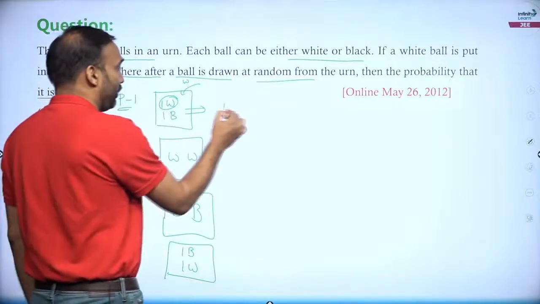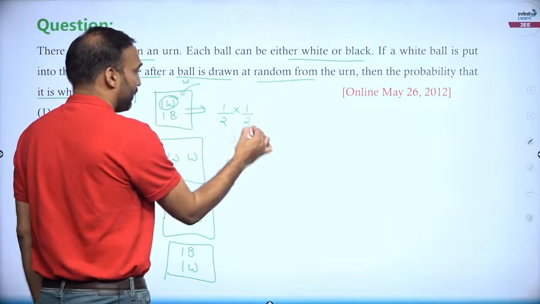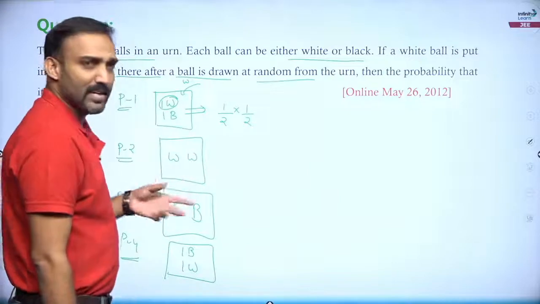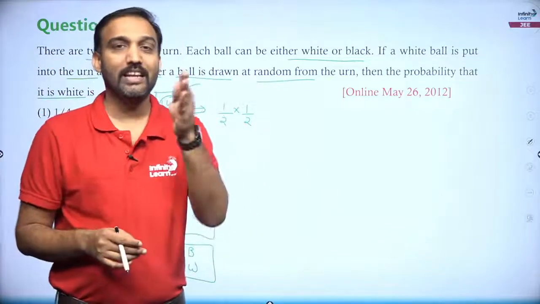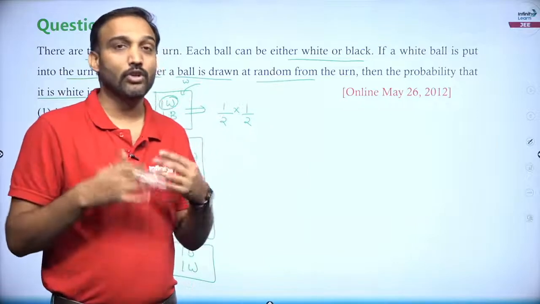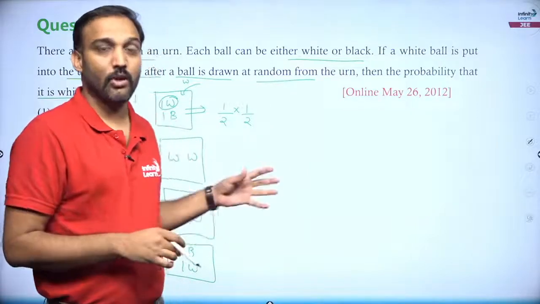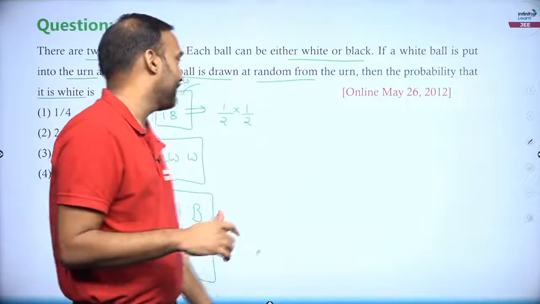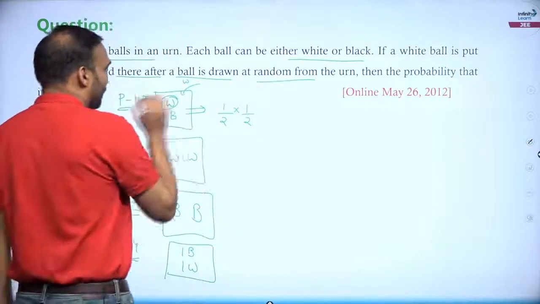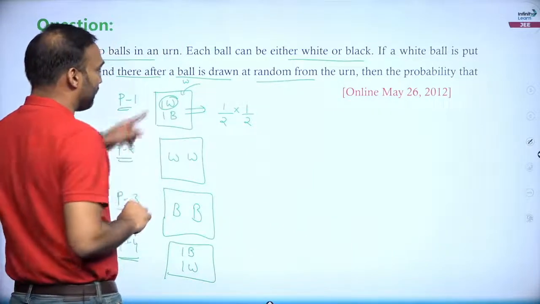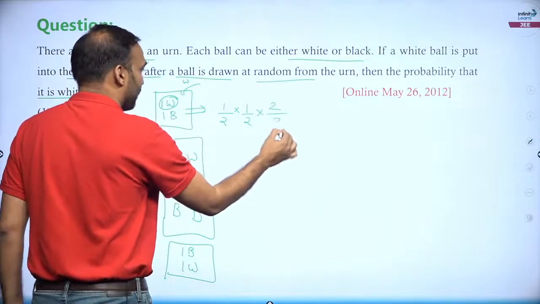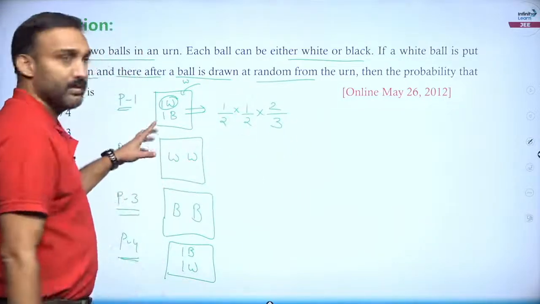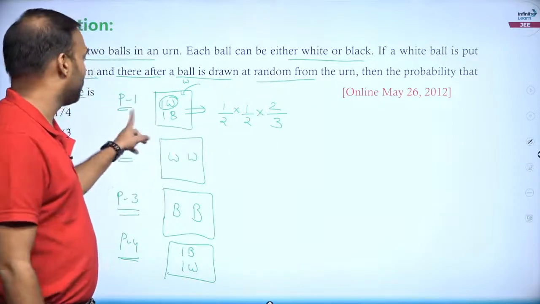For the second ball to be black, I need 1 by 2. So 1 by 2 and 1 by 2 is the probability of having the first ball white and second ball black, because it is also not a sure event. It will also have some probability. So now you have added 1 white ball, so the composition becomes 2 white and 1 black. So getting a white ball would be 2 by 3. This is for possibility 1.